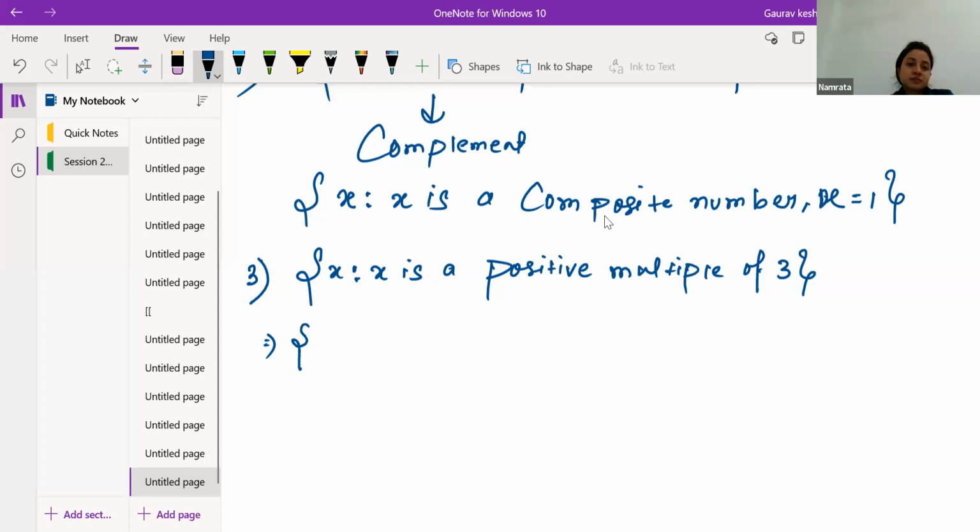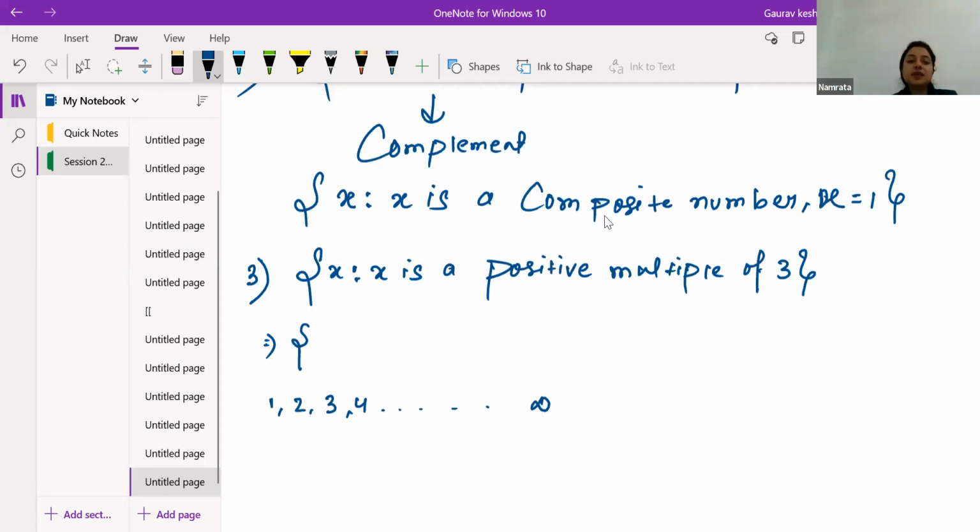Negative multiples of 3. No, natural numbers are only 1, 2, 3, 4, and so on till infinity. So here we don't have any negative numbers. Natural numbers are just the counting numbers which start from 1.